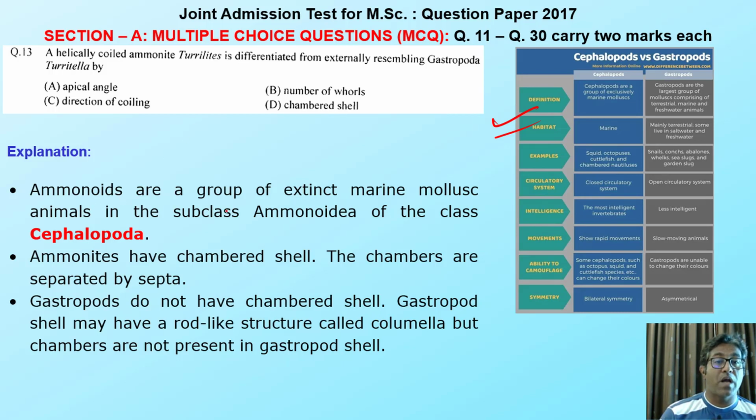Basically, ammonoids are a group of extinct marine mollusk animals in the subclass Ammonoidea of the class Cephalopoda. Ammonites have chambers. If you look at the morphology of gastropods and ammonites, you will identify that ammonites have chambers, whereas in gastropods you don't have chambers. So my option is D.